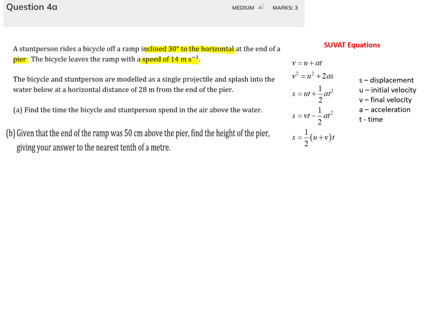So a pier is normally above water. It's modelled as a single projectile, and it splashes into the water below at a horizontal distance of 28 meters from the end of the pier. Find the time the bicycle and the stunt person spend in the air above the water. Remember, pause the video at any time.